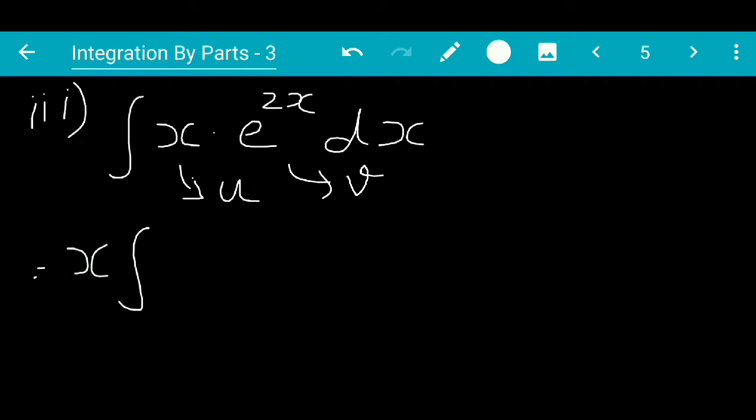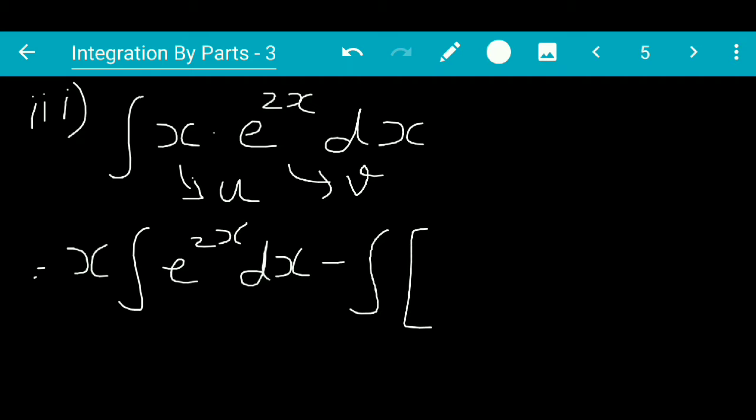So x times the integral of e raised to 2x dx minus the integral of the derivative of x times the integral of e raised to 2x dx, dx.